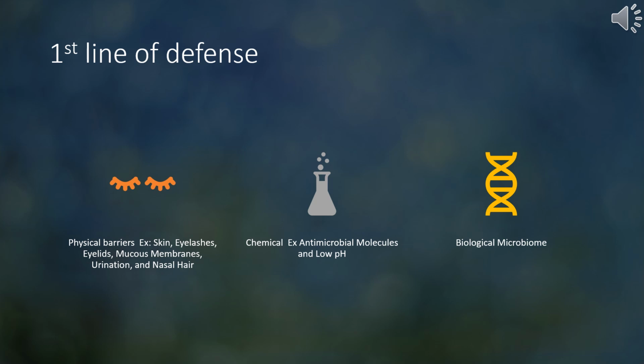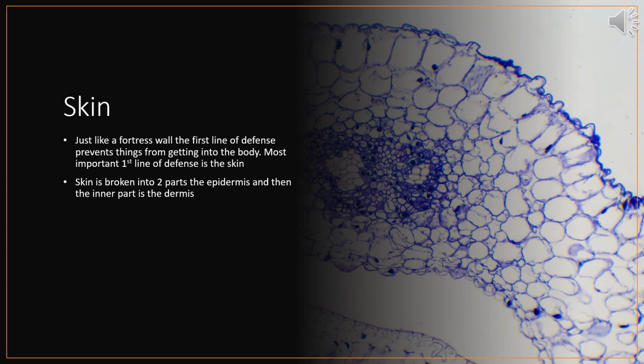So moving into physical barriers, on the first line of defense, you have the most important first line of defense, and it's going to be the one that I focus more into, the skin. So imagine a fortress. The wall is the first thing that protects from enemies getting inside of the fortress.